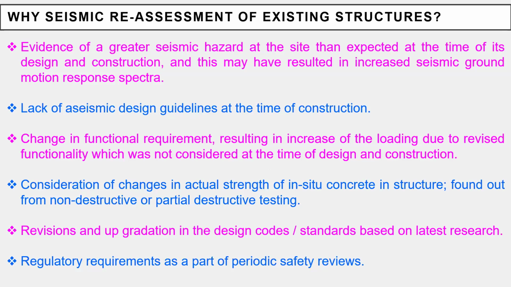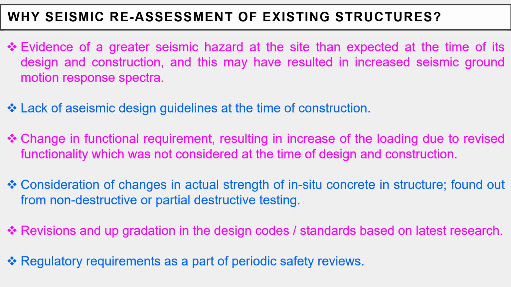Then there is consideration of changes in the actual strength of in situ concrete. Say, 50 or 60 years ago, we may have considered the grade of concrete as M15, M20 or M30, but there may be some degradation due to aging of the structure, and some deterioration of the material strength of the in situ concrete.